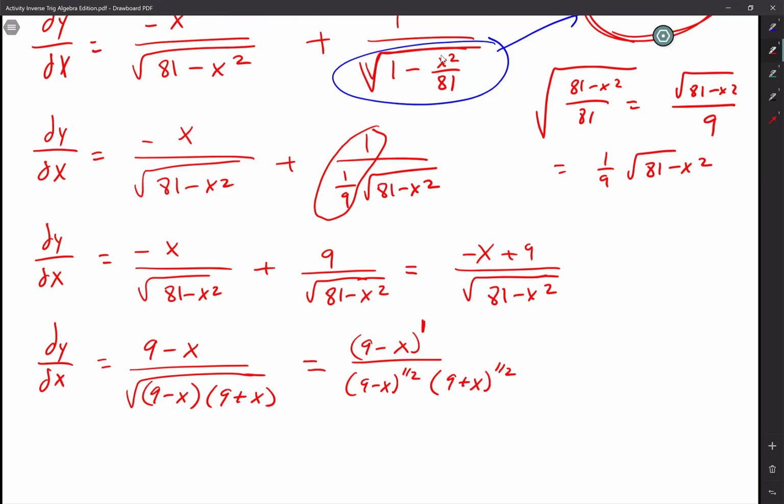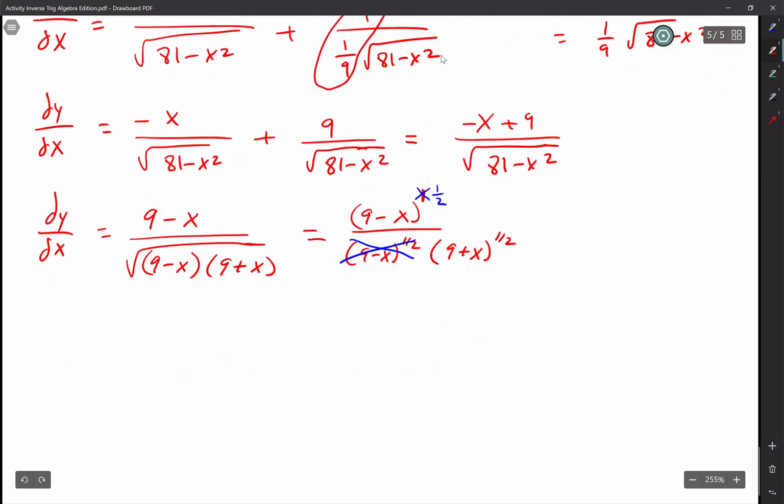What's going to happen? How many can I cancel? No, I can't cancel a whole one, but I can cancel half of what factor? 9 minus x. So the factor 9 minus x, I can cancel half of it. So you no longer have a 1, you have a half left.